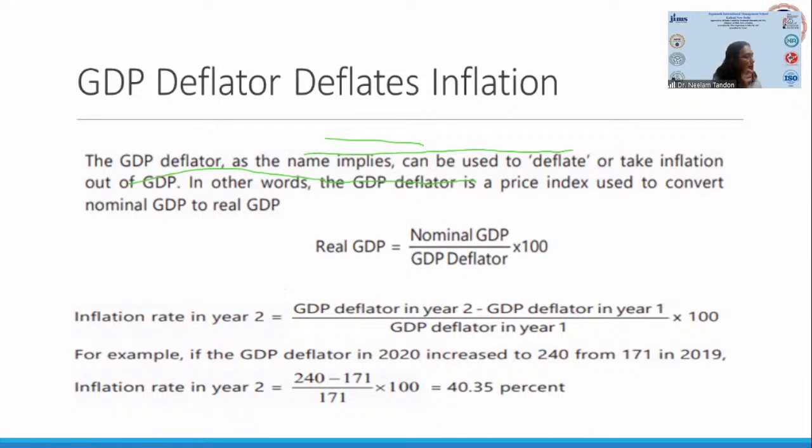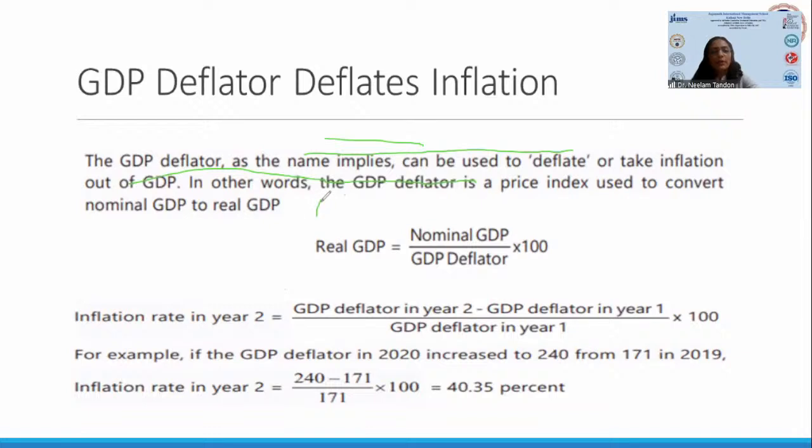Okay, real and nominal once again. Look at this figure.